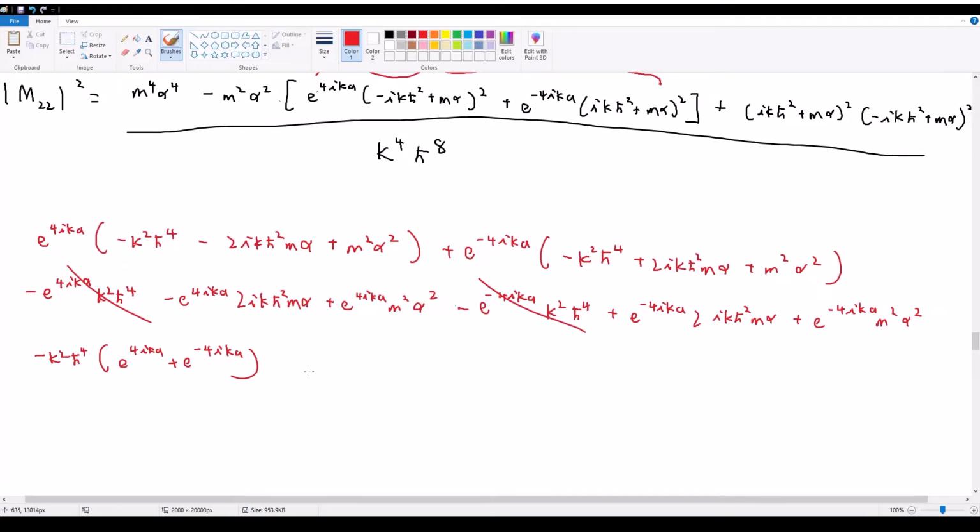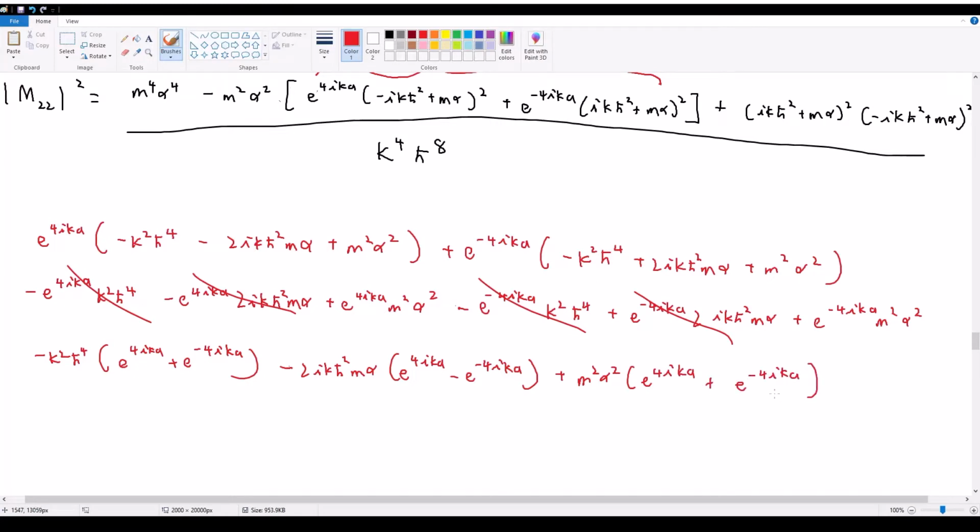Next off, plus 2ikh bar squared m alpha multiplied by, instead of doing that, I think I want to distribute out the negative, in which case e to the 4ika minus e to the negative 4ika. This cancels out this term and this term, and then finally plus m squared alpha squared e to the 4ika plus e to the negative 4ika.